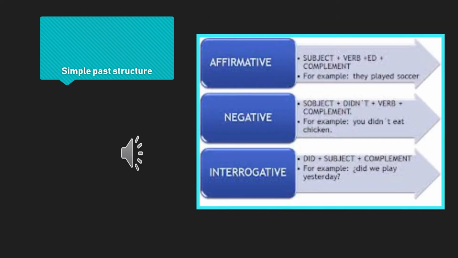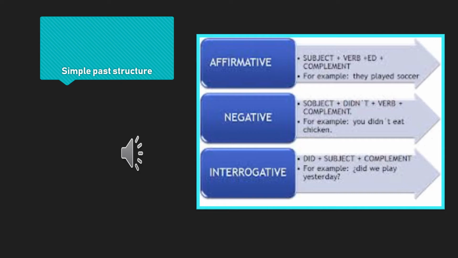As I mentioned at the beginning of the class, we need to use a simple past structure. For this, we have the affirmative, which is subject plus verb plus ed. Remember that ed is just for the regular verbs, plus the complement. We have an example, which is they played soccer yesterday. In the negative form, we have the subject plus didn't.